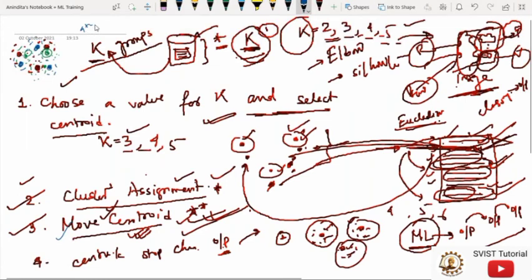Say at the fourth iteration I have got this blue centroid. At the fifth iteration, when I apply this formula, this centroid becomes fixed. It is not changing. So if I keep iterating my algorithm for the 6th, 7th or 8th time, the position of the centroid will stay fixed.